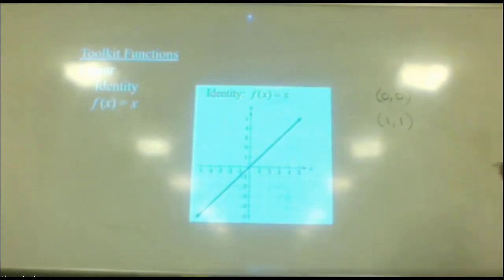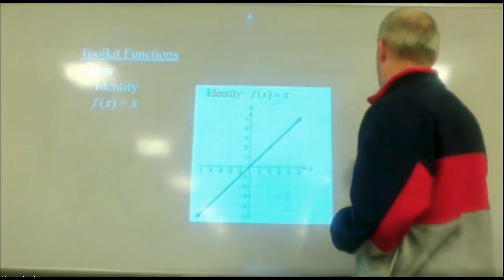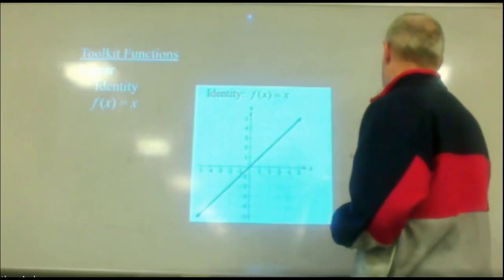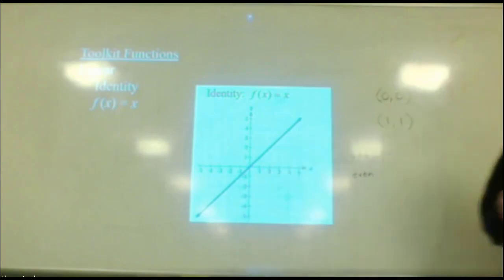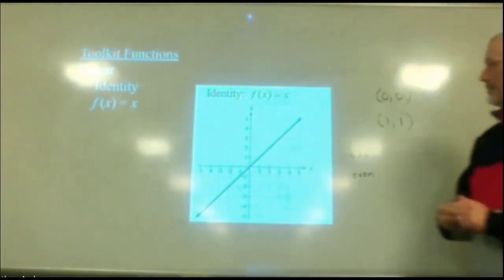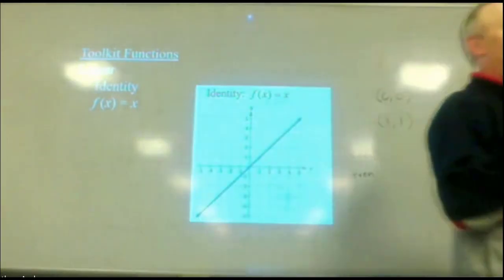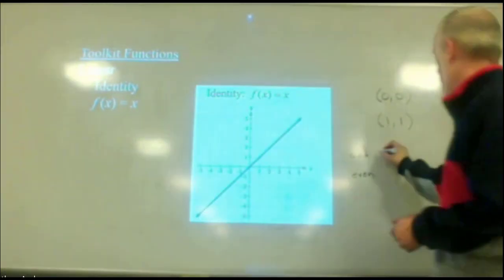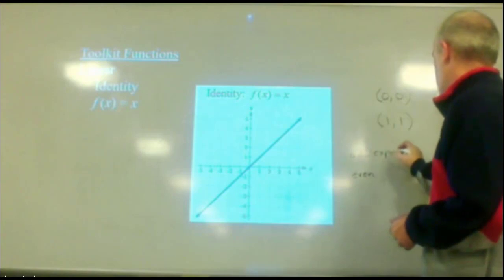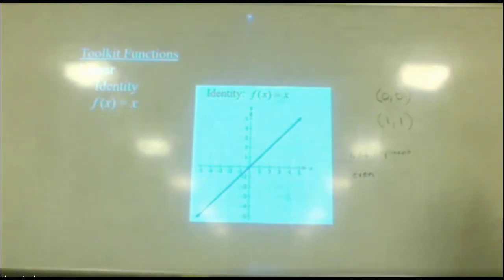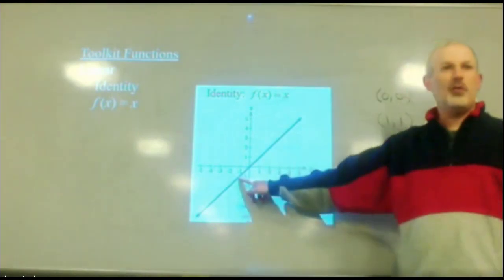And then we have a separation here. So I'm going to call this the odd and the even, and I'll tell you what that means in a second. But first, when we think of that, that is x to the first power. If the exponent is odd, so odd exponent, the third point that's going to be in those is this point down here, -1, -1.